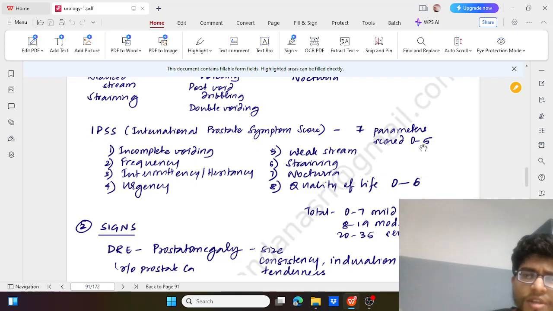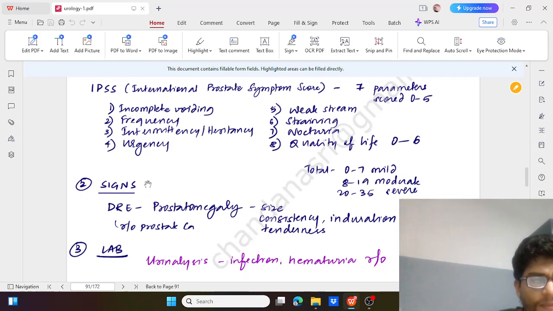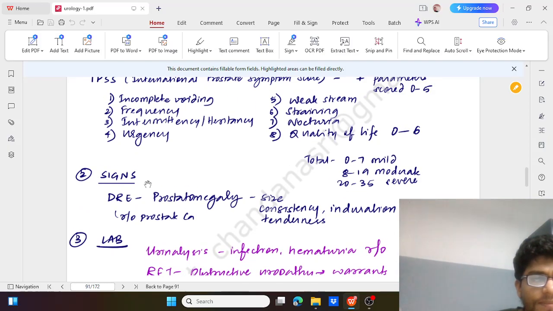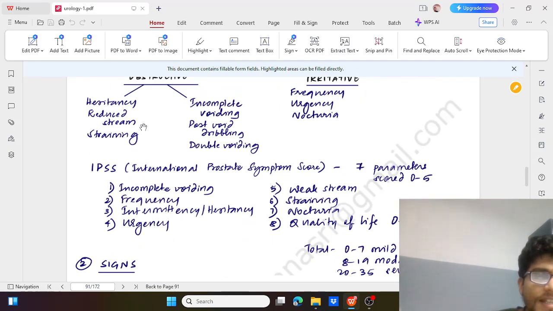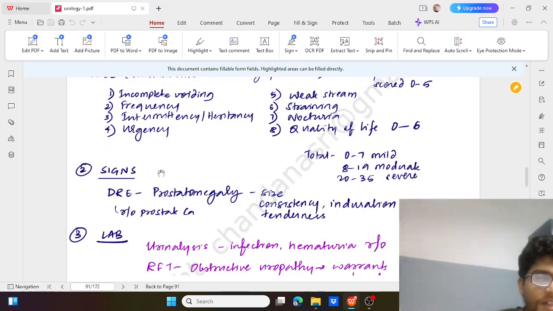For the score 0 to 5, 0 is like there is no problem or almost minimal problem, and 5 is like very dissatisfied, having difficulty more than 75% of the time. So depending on this scenario, we will evaluate our patient.